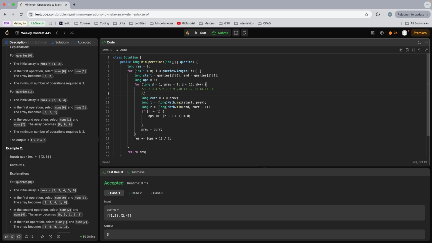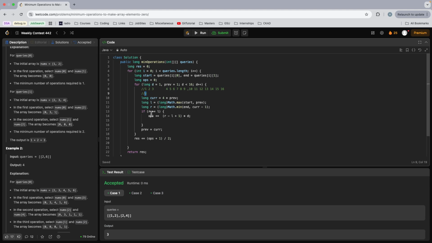Previous value is at 1, so it's somewhere over here. Like if I equal to 1, it's at this point, and current is 4 into previous. So current is the start of the new segment, somewhere over here, right? Current is on 4, previous is on 1. So current will represent the start of the next segment, and previous will be the start of this segment.